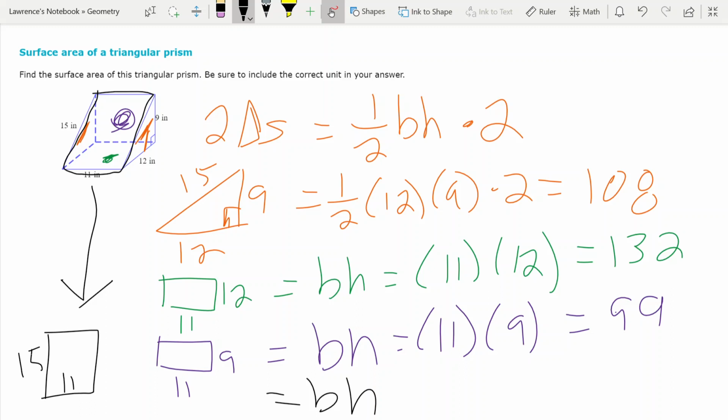There we go. 11 times 15 is 165. And then just go down and add them all up, folks. So 108 plus 132 plus 99 plus 165 is 504 inches squared. So just add them up, get your 504, be done with it. Don't overthink that one either, guys.